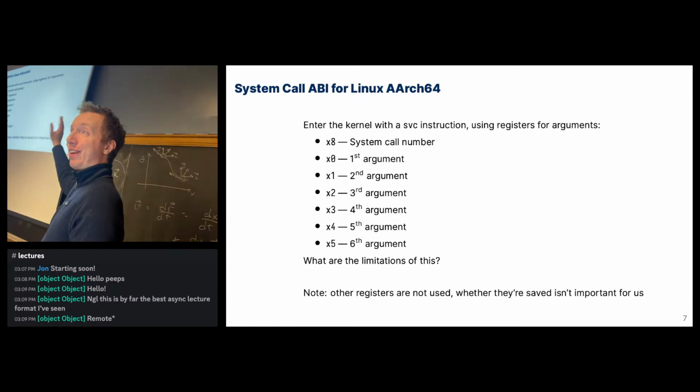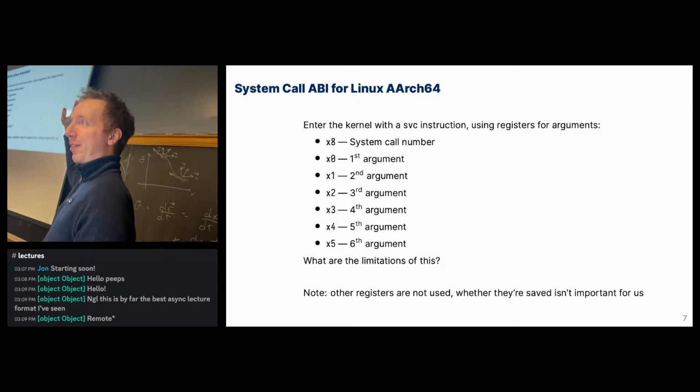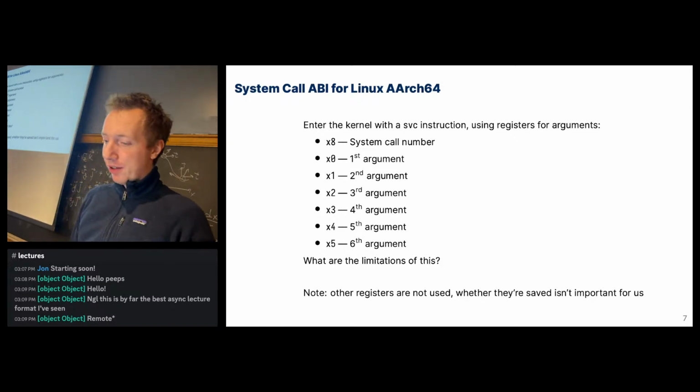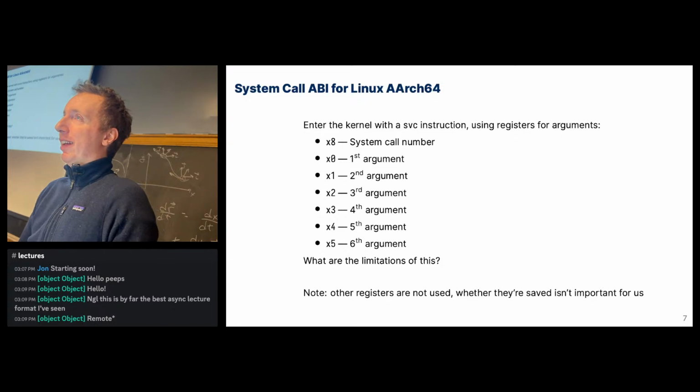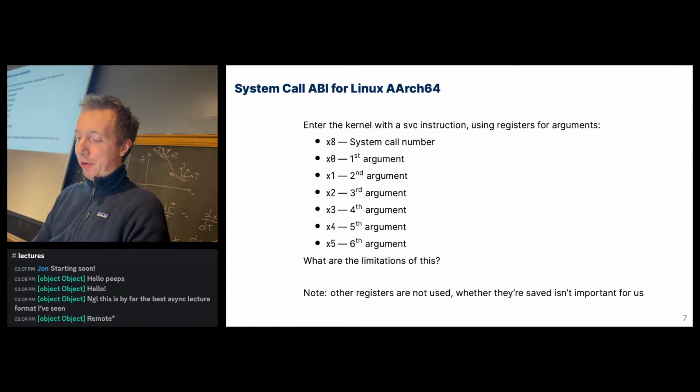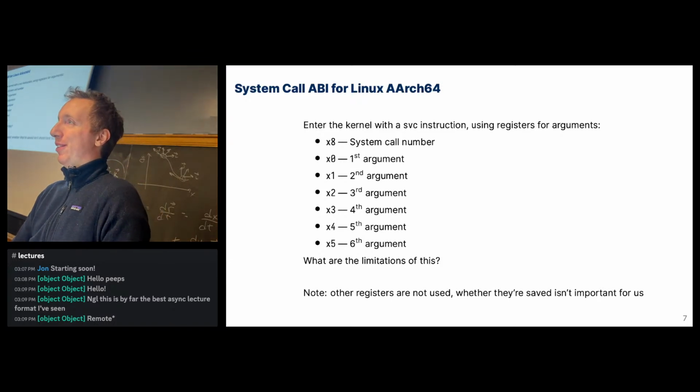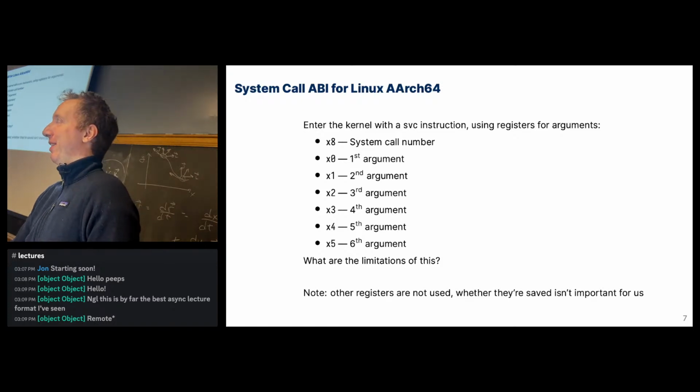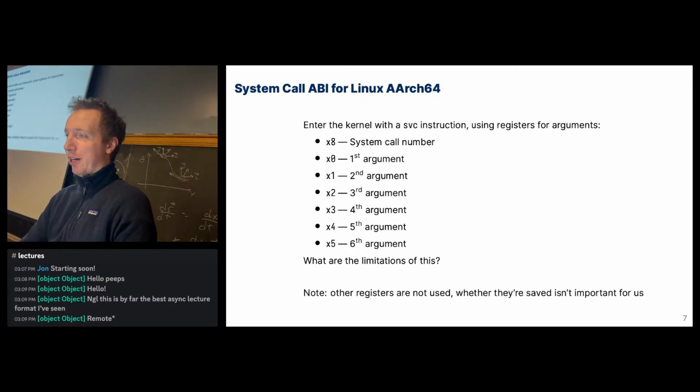Right? So this is the complete ABI, there's nothing else. So this means that I can't have a function or a system call with 7 arguments because I didn't define a 7th argument. You don't know where they are.